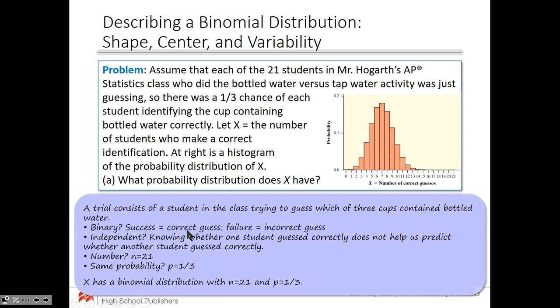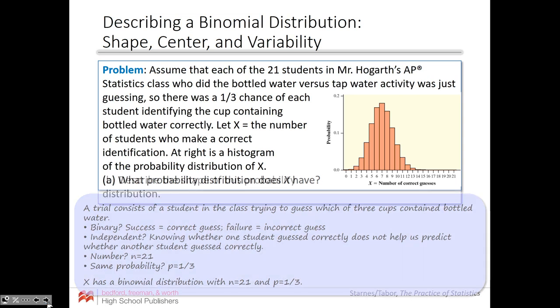They either guess it correctly or incorrectly. Independence, because one student's guess is independent from another's. We have 21 students, and the probability of success, if they're all guessing, is 1/3. So x, the number of students who make a correct identification, is binomial with n = 21 and probability of success 1/3.